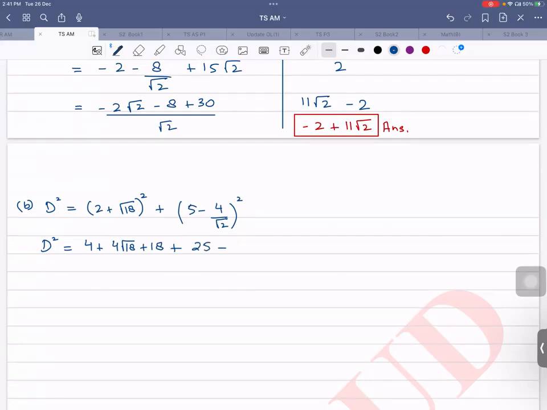A square minus 2ab plus b square. What will its b square become? 8 upon. No, no, it would be 16 upon 2, which is 8.